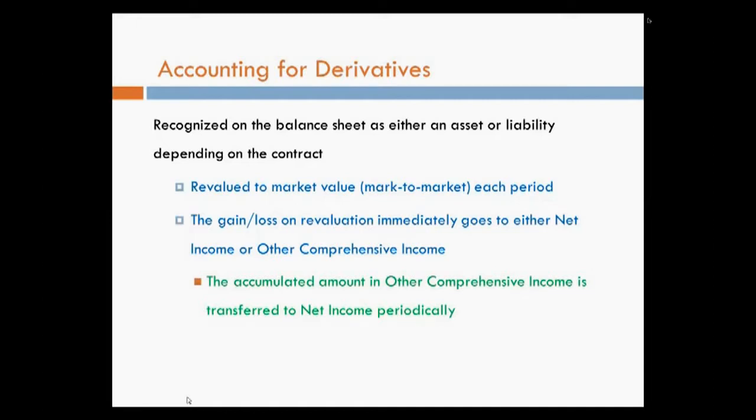The price has to be calculated. And if your mark to market is off, it can dramatically change values or misrepresent values. As you mark to market, the gain or loss as you do that revaluation goes to your net income or your other comprehensive income.